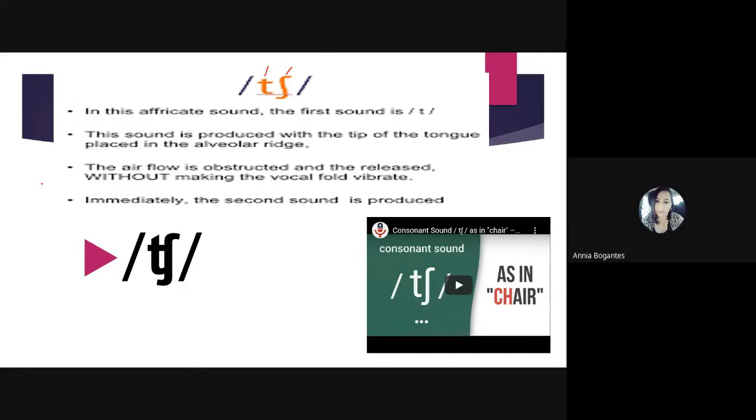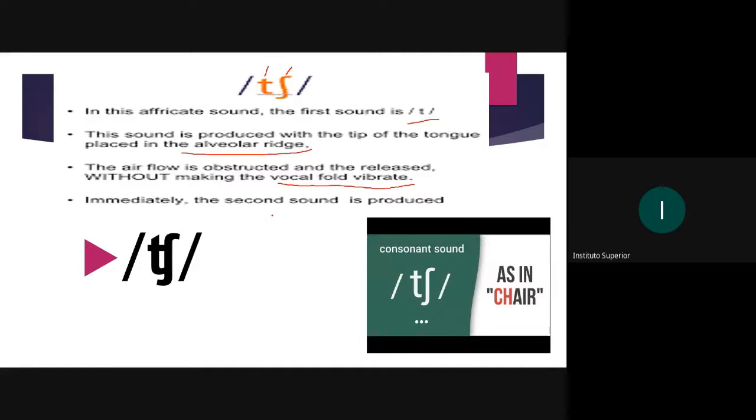In this affricate sound, the first sound is T. This sound is produced with the tip of the tongue placed on the alveolar ridge. The airflow is obstructed and then released without making the vocal folds vibrate. Immediately, the second sound is produced.